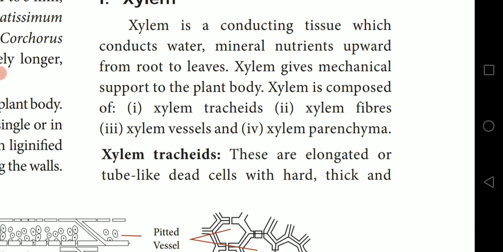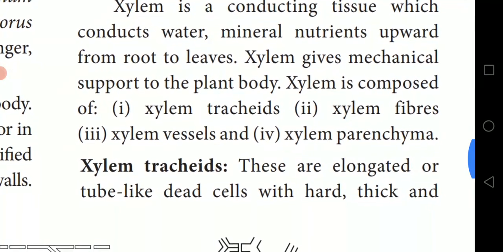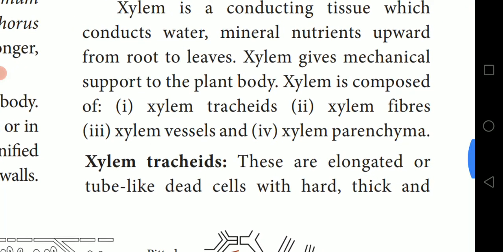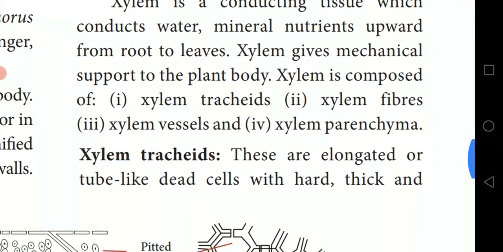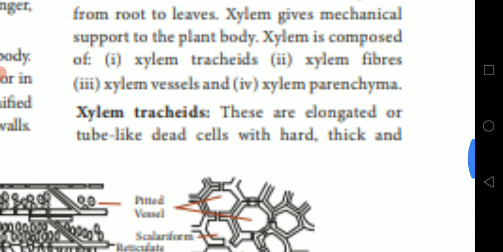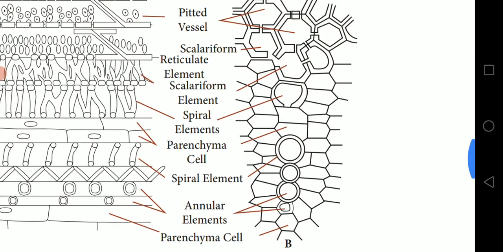Xylem is composed of xylem tracheids, xylem fibres, xylem vessels, and xylem parenchyma. These are the parts present in the xylem.